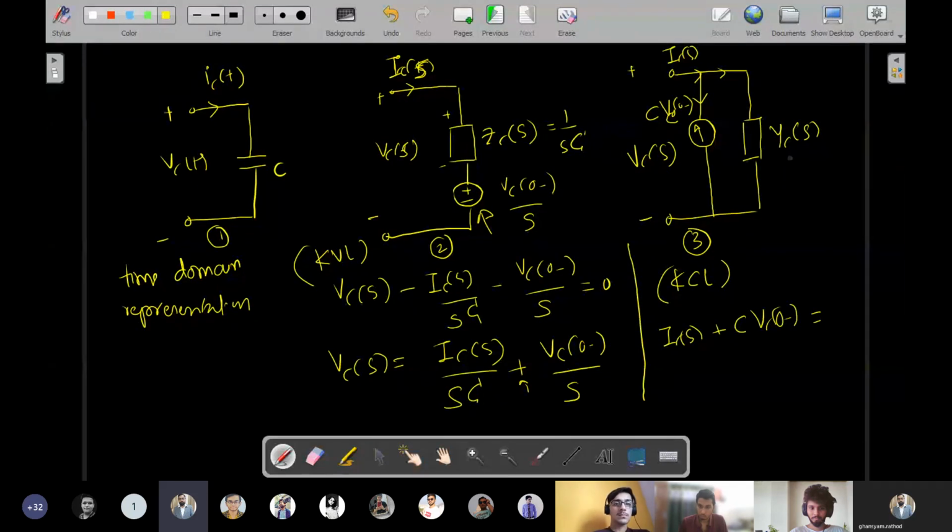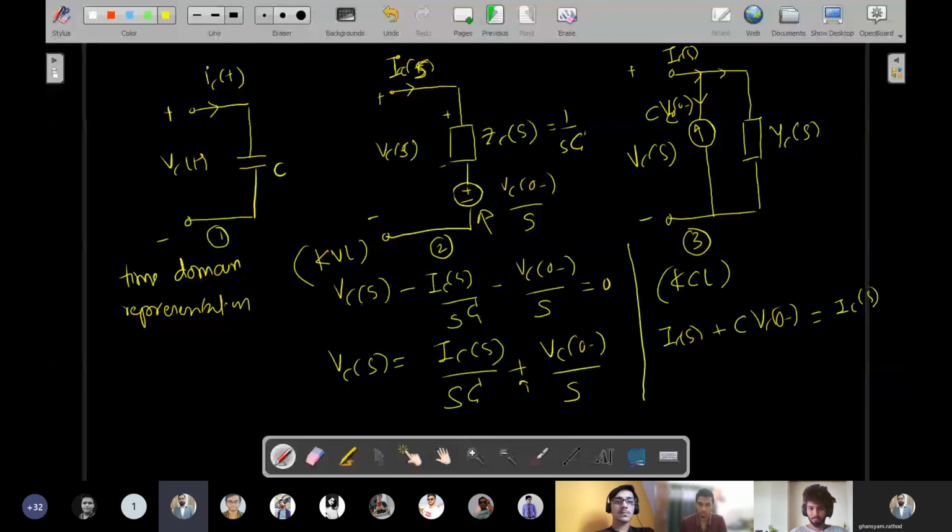So this is the impedance, 1 upon SC, into the current. That is nothing but IC of s. We are writing for the current, so that will be the equation.